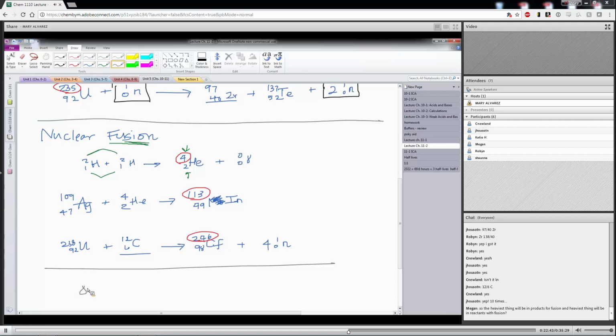Gamma radiation sometimes might accompany fusion like it did here, or fission or other forms of radiation, but it's not itself just ever kicked out from a nucleus, if that makes sense. Megan, heaviest thing in products for fusion versus the heaviest thing in reactants with fission.